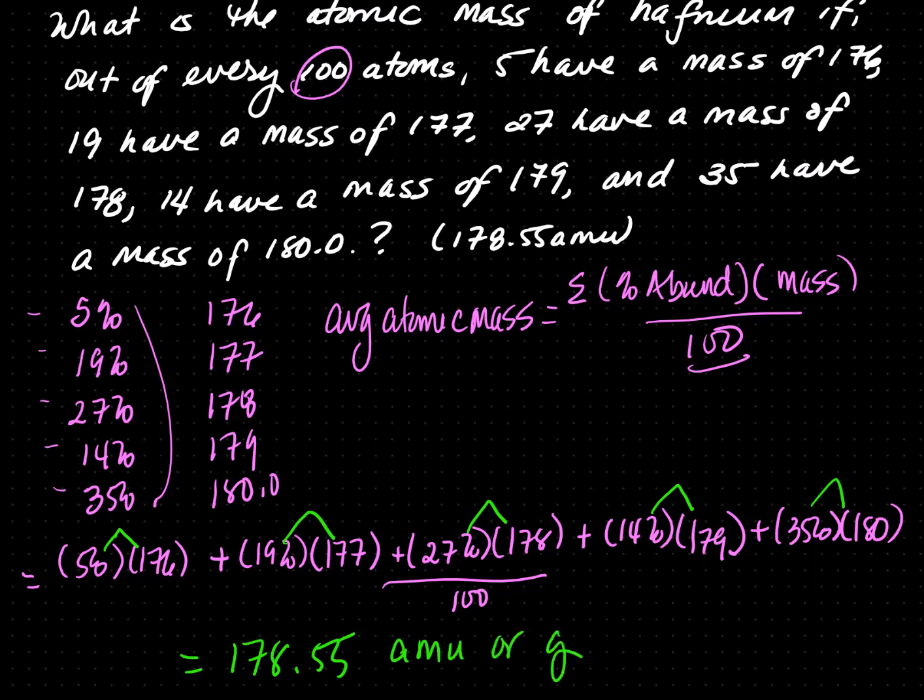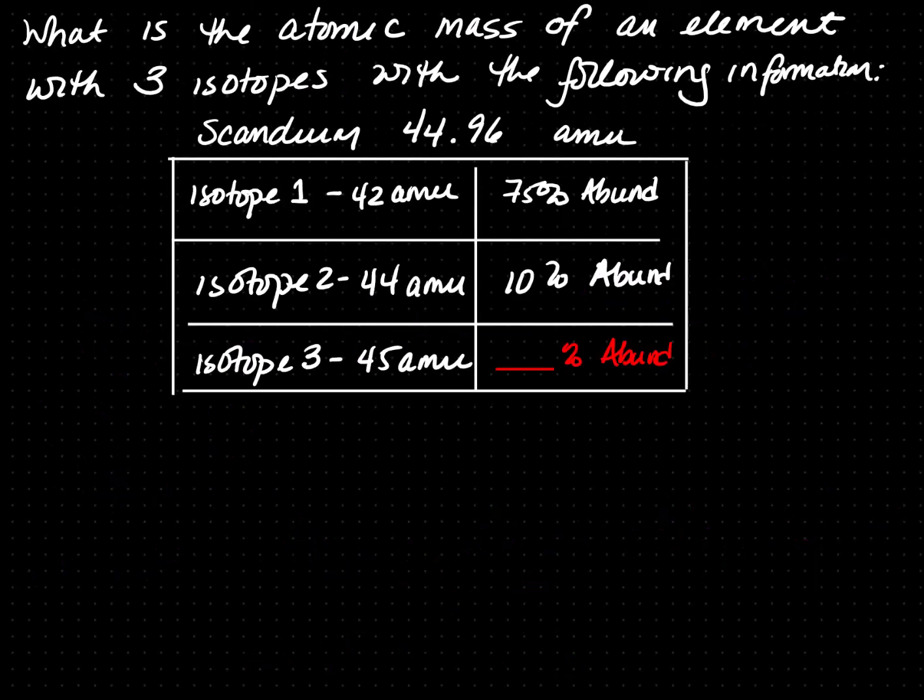Pause the video, solve the problem, and then check your answer. What is the atomic mass of an element with 3 isotopes with the following information? So scandium has an atomic mass of 44.97 AMU. It has 3 isotopes.